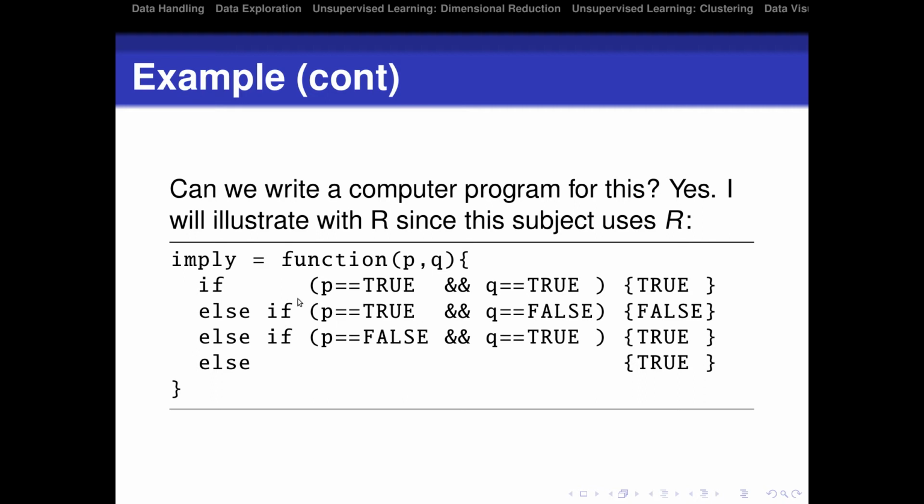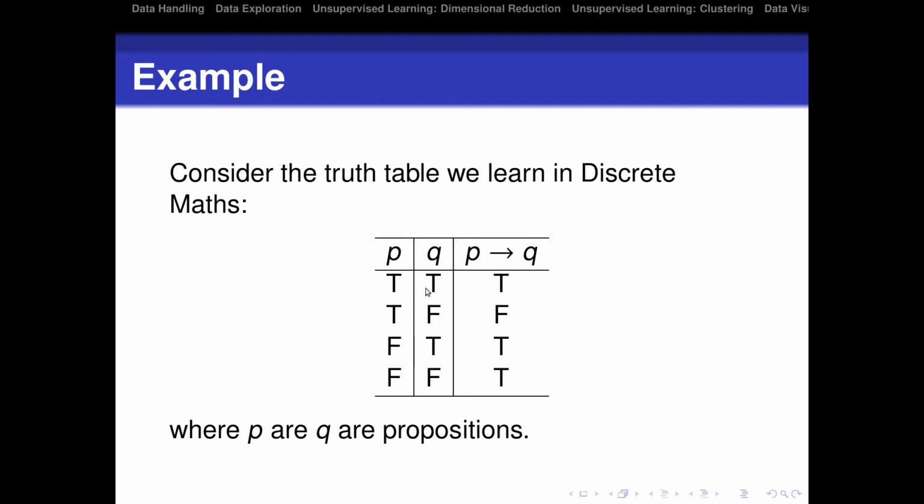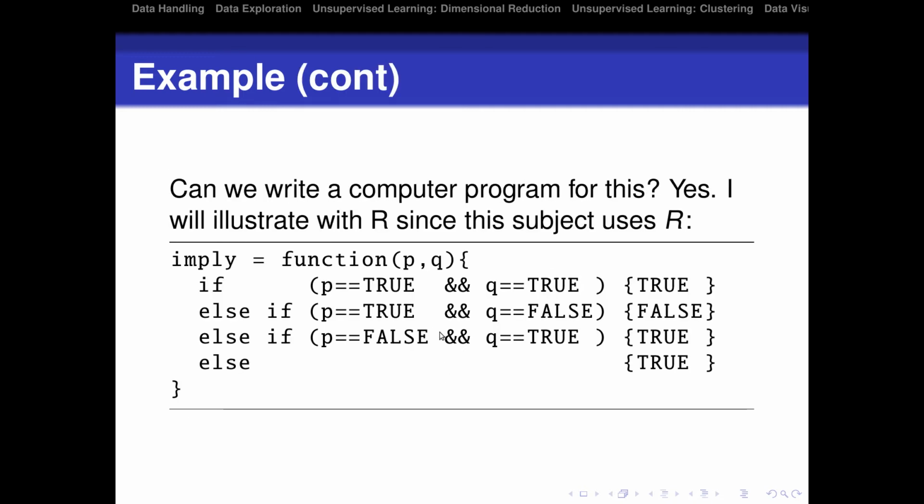You can find that the whole program, based on the if-else statements, more or less follows the table. Just look at the order: true, true, true; true, false, false; false, true, true; and finally false, false, true. It's the same here, and these are the return values.